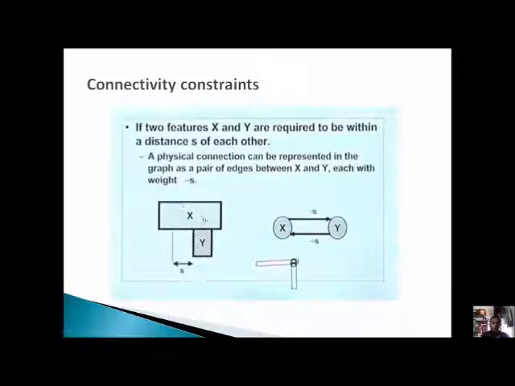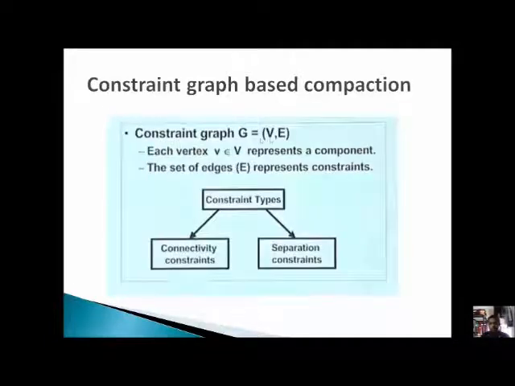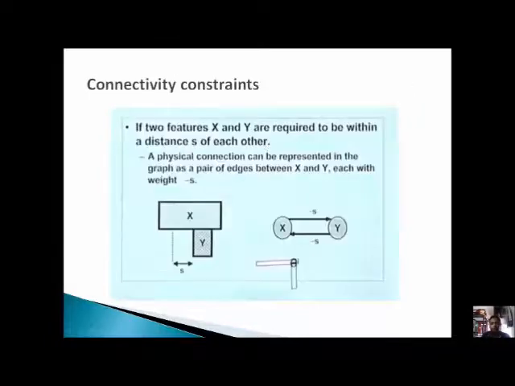This is a vertex V, as I showed in the previous slide. G is equal to (V, E), where V is these vertices and E is these constraints, which are the edges. This is the connectivity constraint.